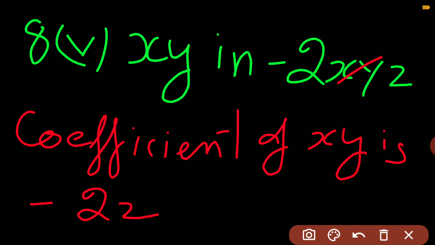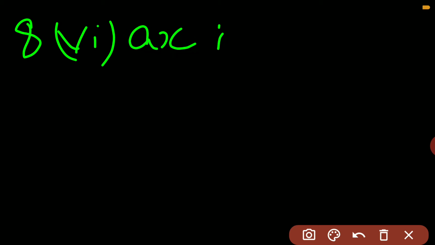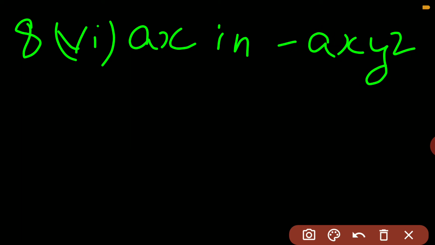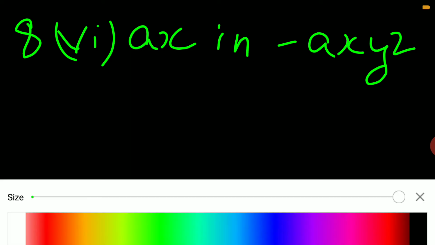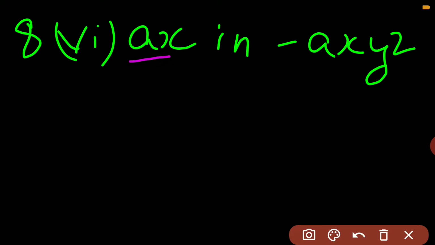Let us go to question number 8.6. Again the question reads as ax in minus axy square, right? So I'm supposed to find the coefficient of ax in minus axy square.